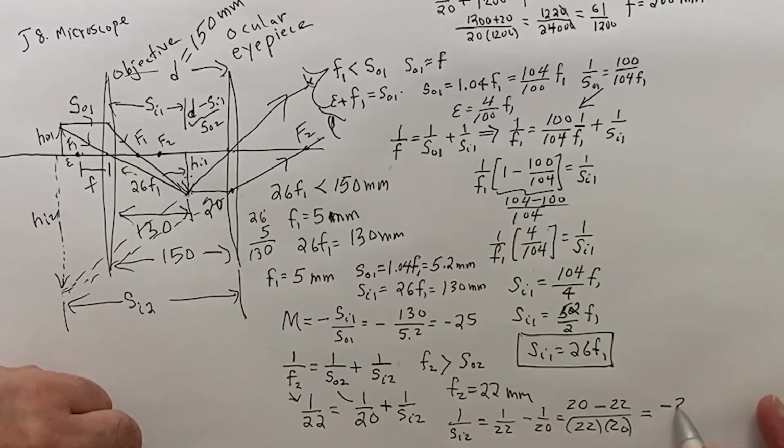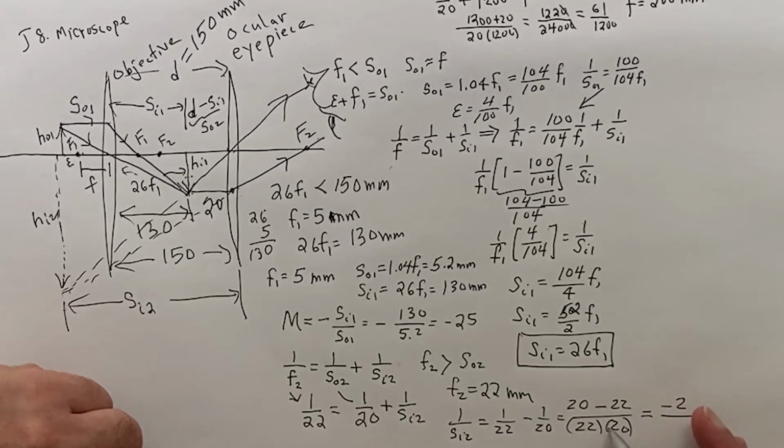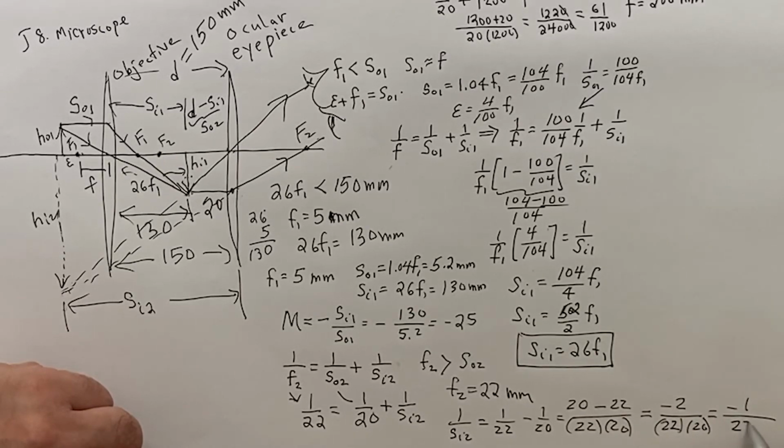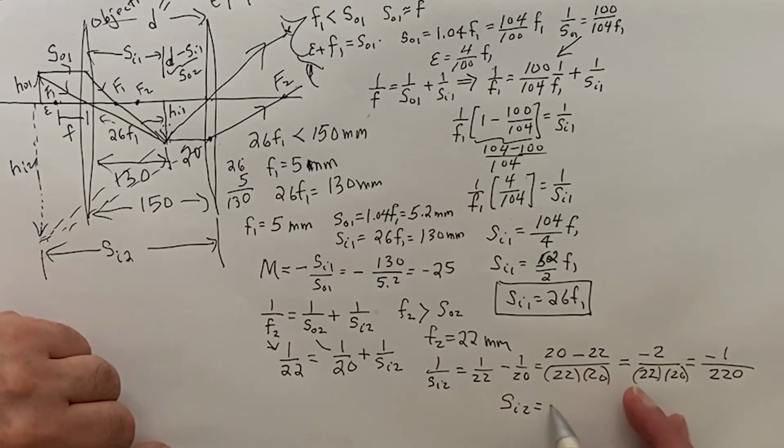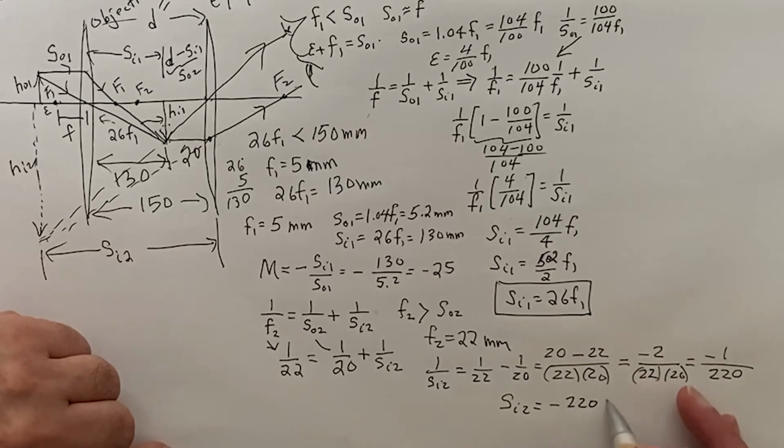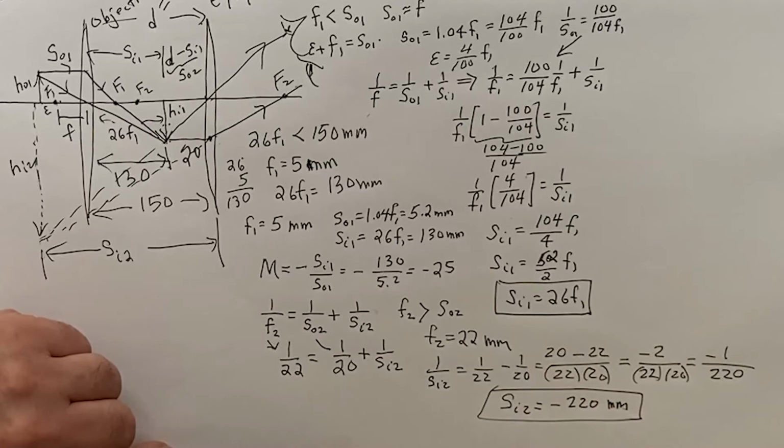So this is minus 2, divided by 22 times 20. If I cancel, I get minus 1 over 10 times 22, that's nice. And then if I just flip that, SI2, I get minus 220 millimeters, and that's in negative space, so that's over to the left somewhere.